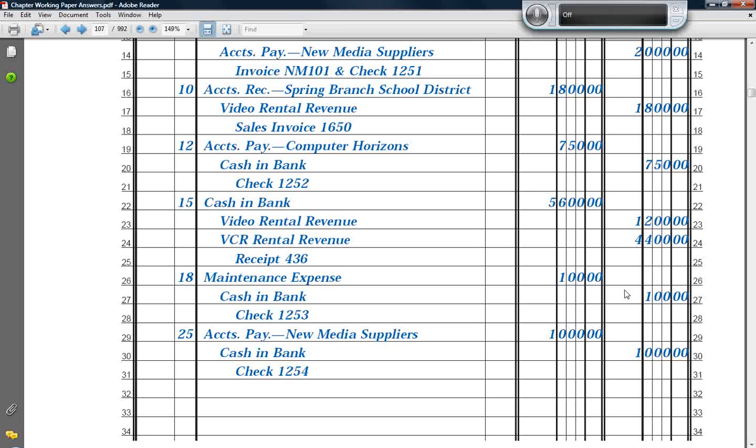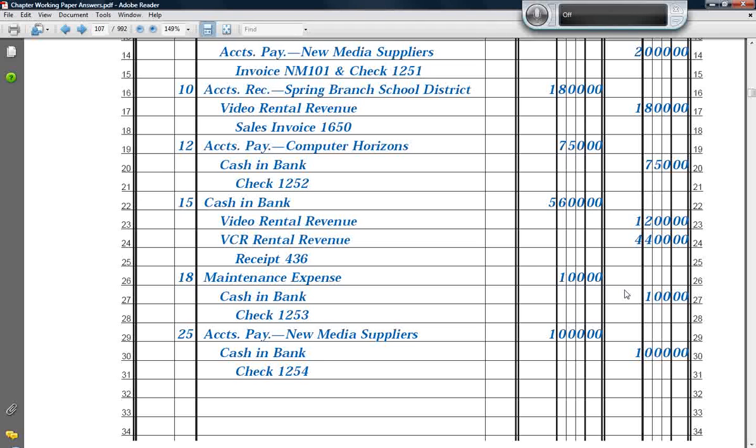On the 15th, we deposited $5,600 in receipts. VCR rental amounted to $4,400, and videotape rentals were $1,200. Receipt 436. Another compound entry: adding the two together, we received $5,600 in cash. When I receive cash, it increases the cash and bank account with a debit, debiting cash and bank $5,600.